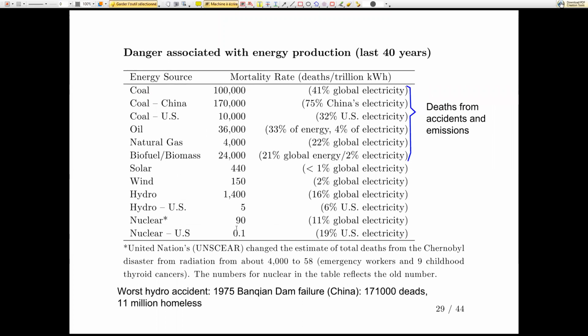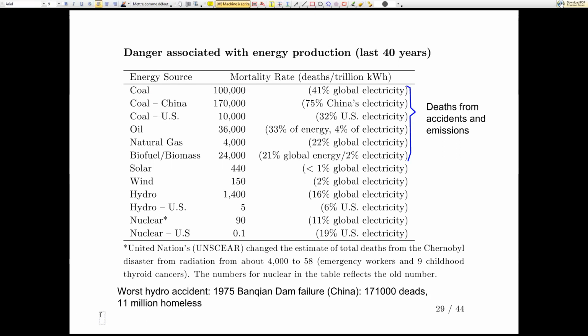Oh, by the way, somebody mentioned Fukushima. How many people died at Fukushima? The worst nuclear accident was Chernobyl, with 58 dead.